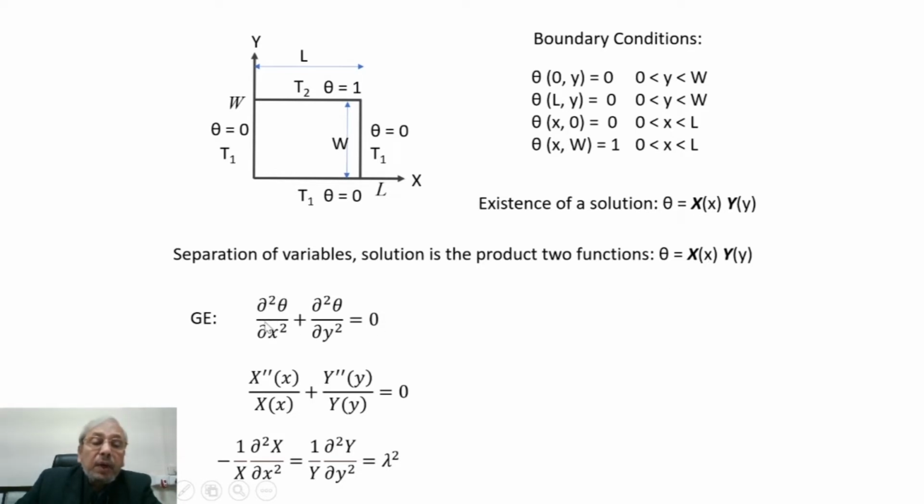So we perform double derivative of theta with respect to x. That means it will be X double prime, and also of theta with respect to y, which will be Y double prime, divided by theta, and we get this expression. And then we separate out the variables.